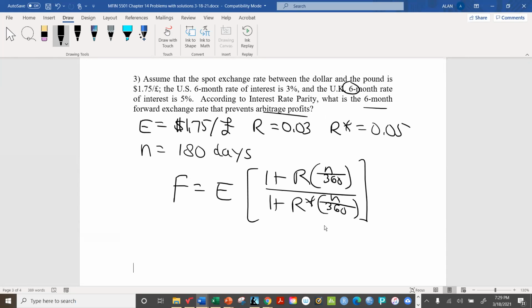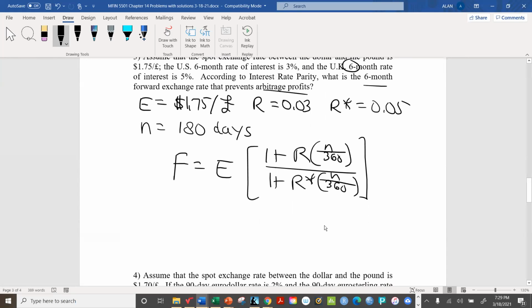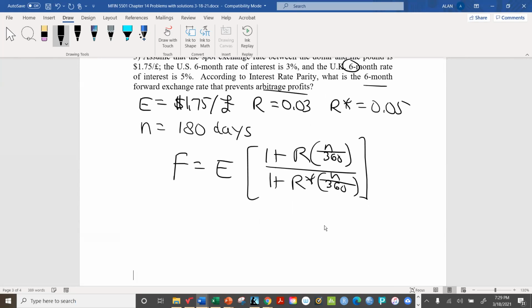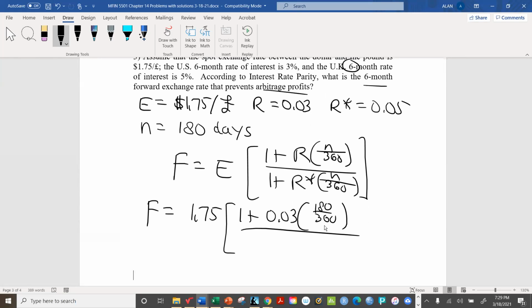Okay, so if you plug in those numbers, let's see what happens. 1.75 times 1 plus the US rate of 3% times 180 over 360, divided by 1 plus 0.05 times 180 over 360.